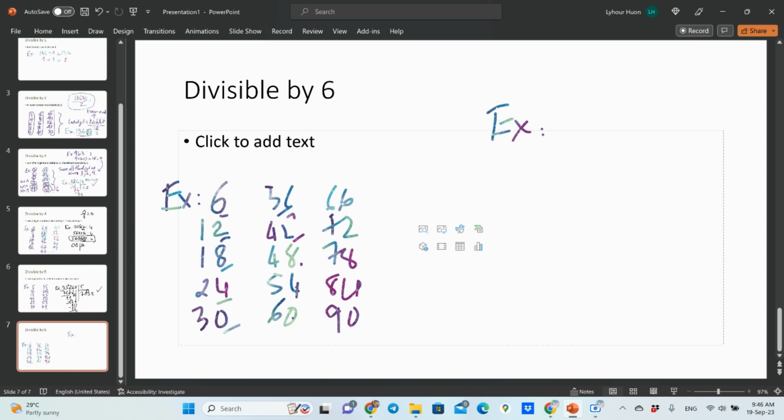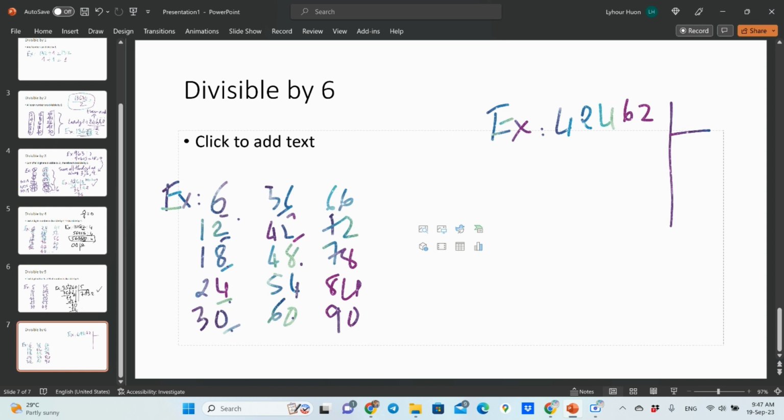So we give a random example. For example, a number that ends with 6, 2, 8, 4, or 0. Can you give any random number? 62.